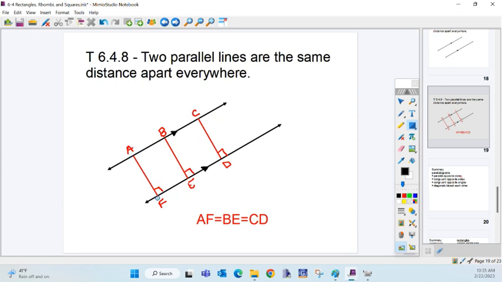That distance will be the same here, the same here, the same here, as long as you're not tilting those lines. Once you've tilted the lines, it's not going to be the same length. So the distance between the two has to do with those right angles. As long as you're looking at the true distance, which always involves the right angles, then they have to be the same distance apart.